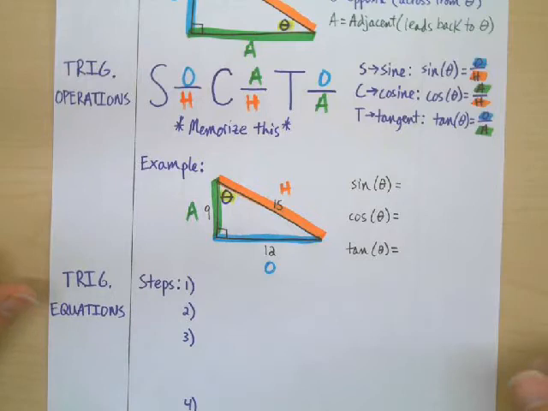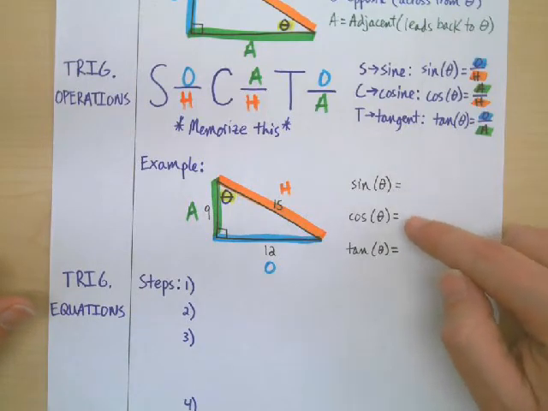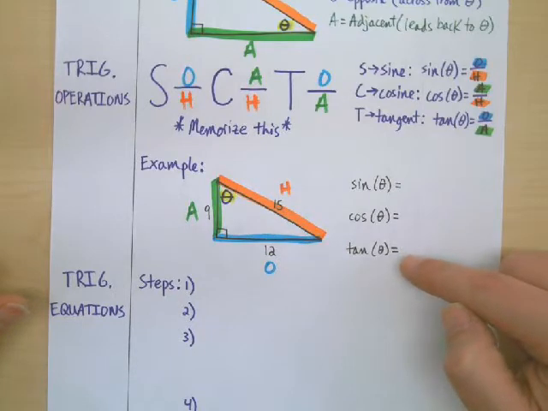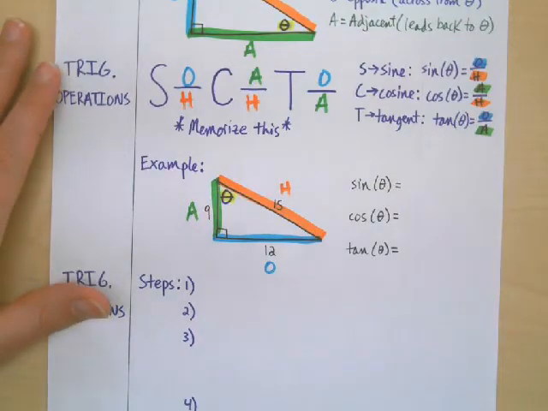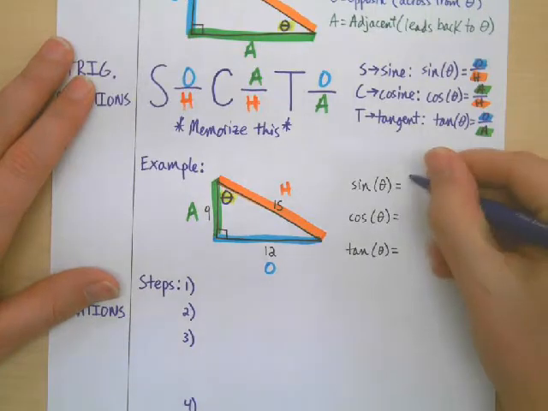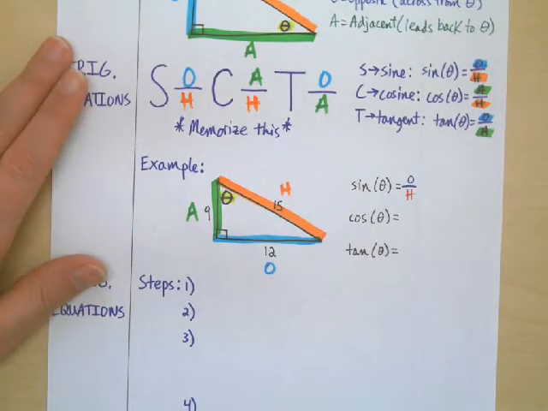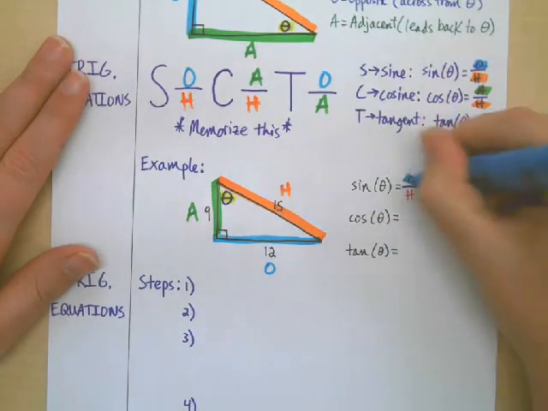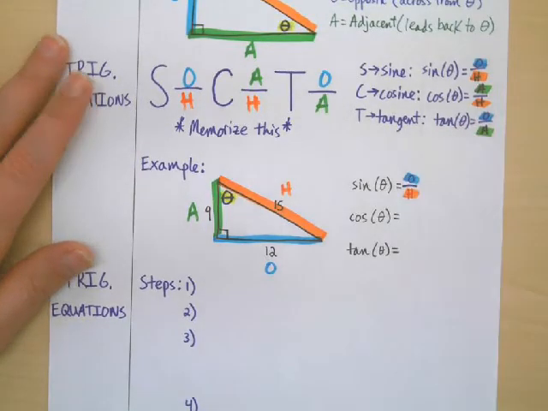Over here on the right, we are going to find sine theta, cosine theta, and tan theta. So let's remember from Sohcahtoa that sine theta really equals O over H. That would be my blue over my orange.